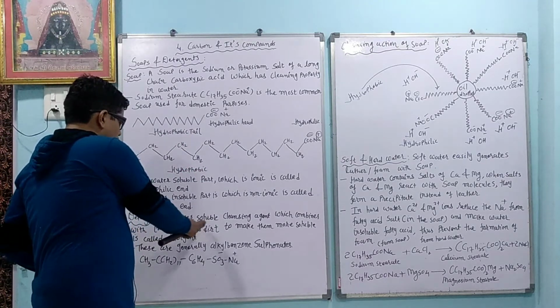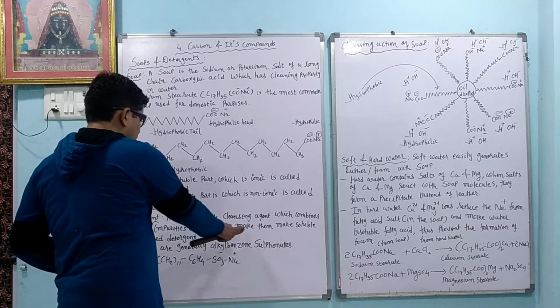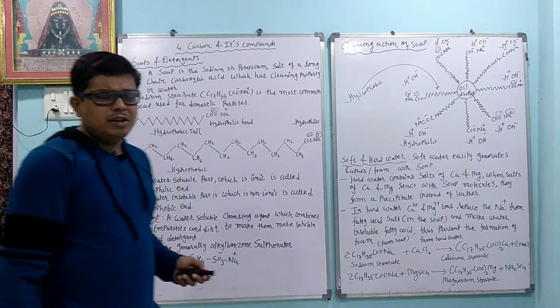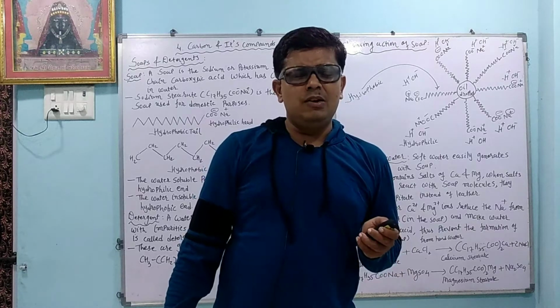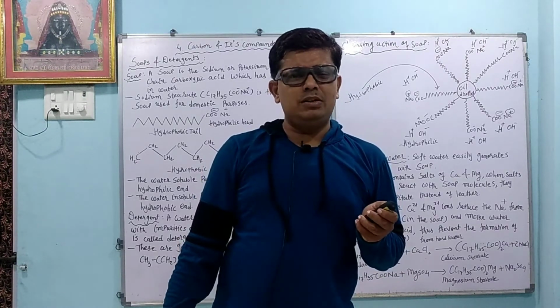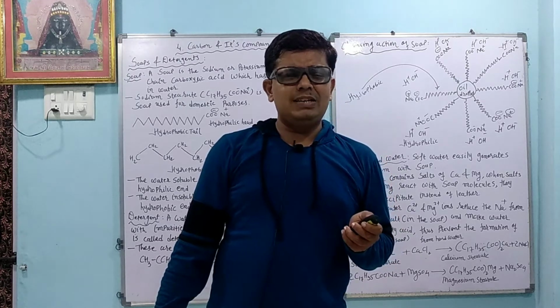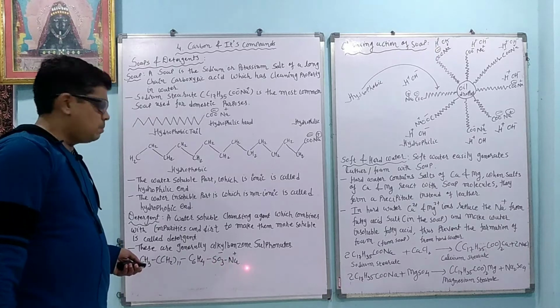Detergent is a water soluble cleansing agent which combines with impurities and dirt to make them more soluble. When it is difficult to remove the dirt by the soap, then what do we use? Detergent. What is the basic difference between soap and detergent? In soap, the sodium salt of carboxylic acid is present, whereas in detergent, the sodium salt of sulfonic acid is present.